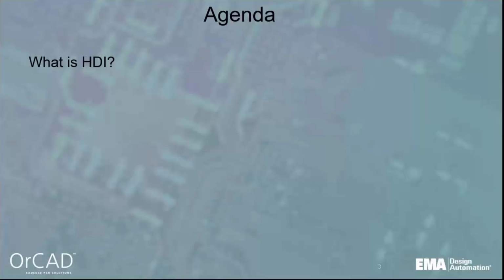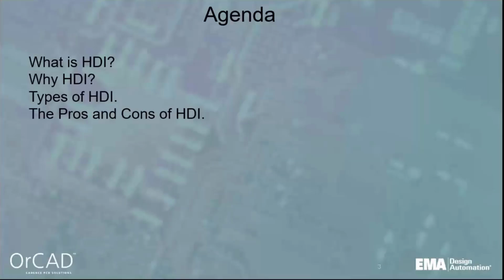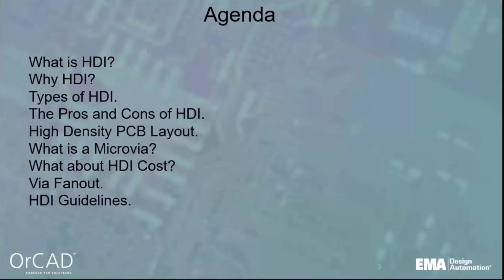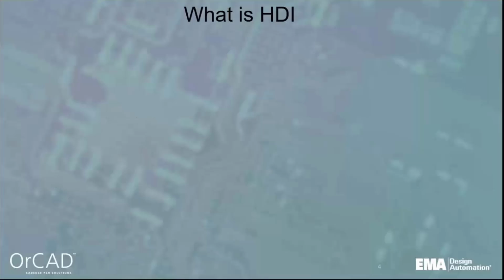So today we're going to talk a little bit about what HDI is, why you want to use HDI, the different types of HDIs that are available, the pros and cons of HDI vias, high-density PCB layout, what is a micro via, and then of course we want to be able to talk about HDI costs, and then via fan out as well. And I've got some guidelines that I think will be helpful for everybody that's starting to use micro vias.